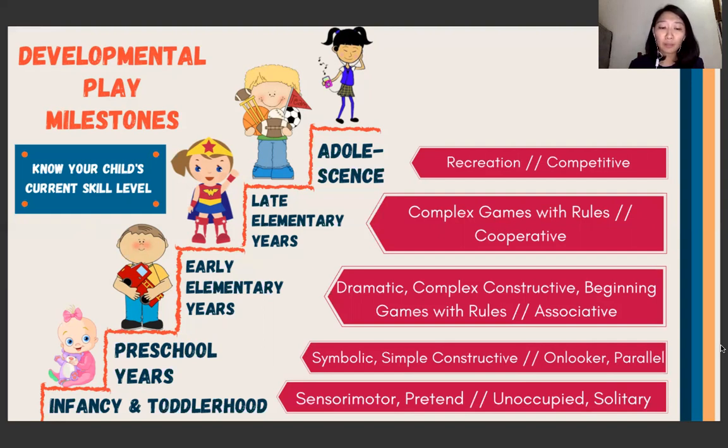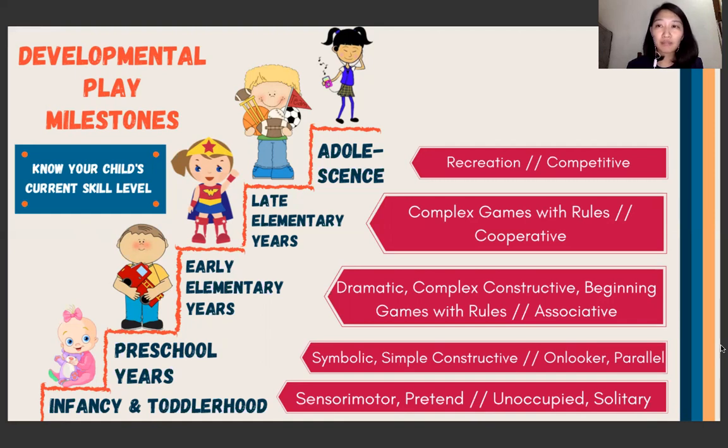Let us also remember that not all children are at par with these milestones. These are guides, yes, but not all children can achieve these expectations, especially our children with special needs.